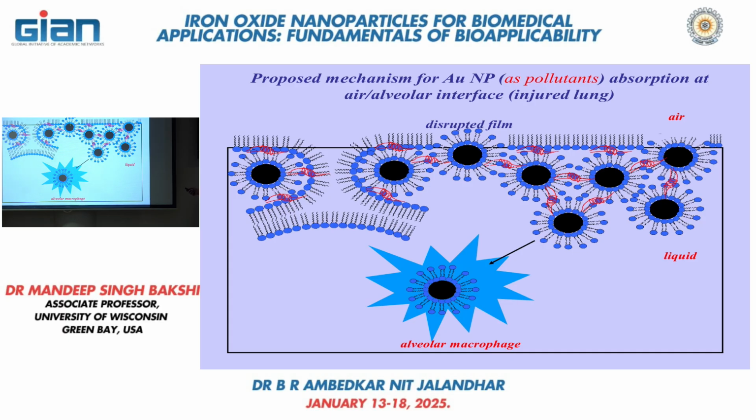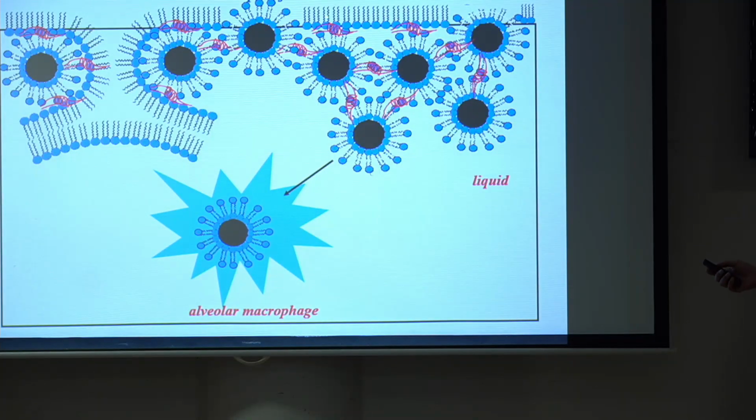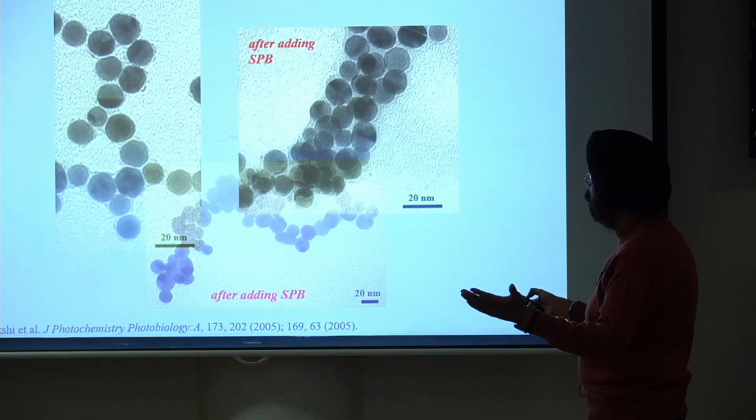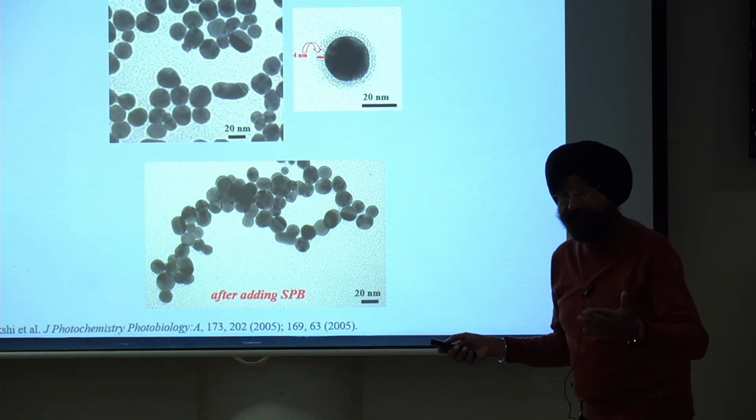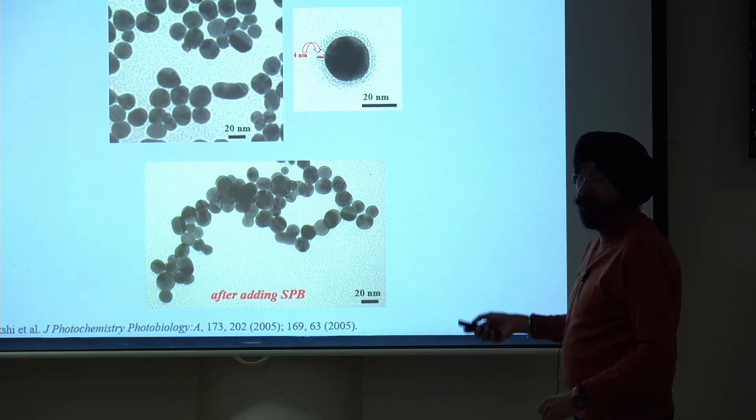As soon as they hit it, instantaneously the phospholipid molecules will create a bilayer. This is the bilayer. You have proved this when you added the gold nanoparticles to the phospholipid suspension, you created a bilayer.